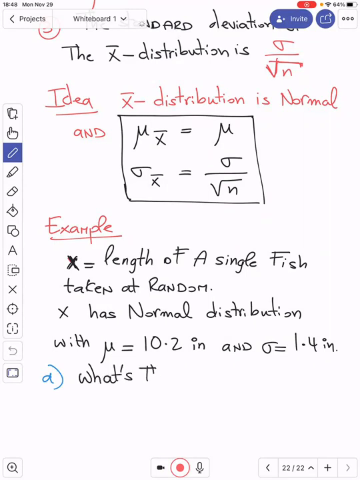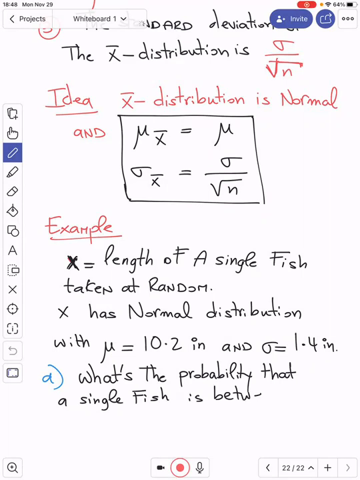So what's the probability that a single fish taken at random, of course, is between, let's say, 8 and 12 inches long, for example. Okay.